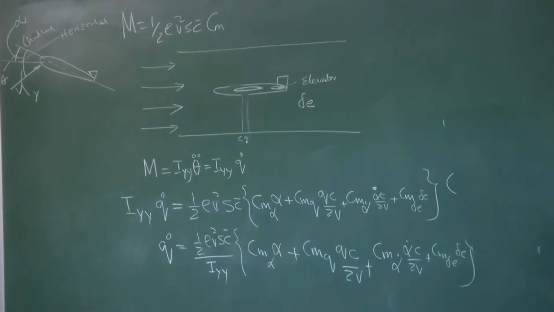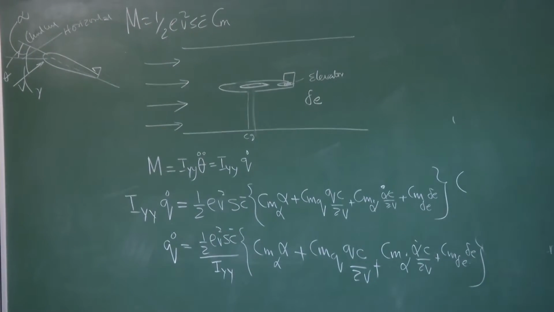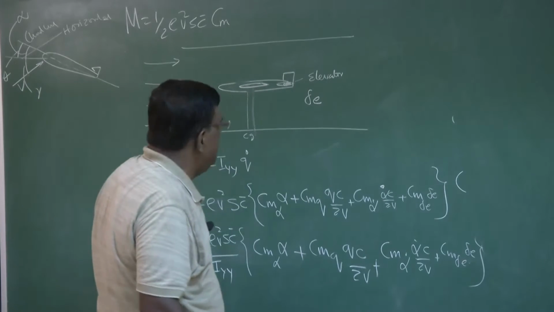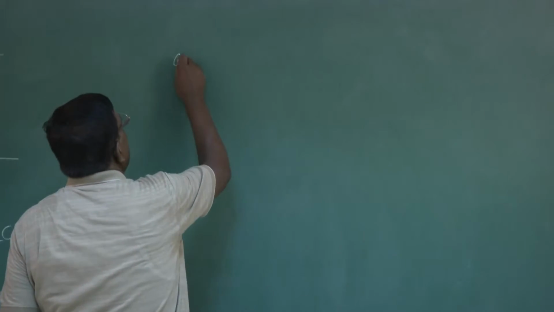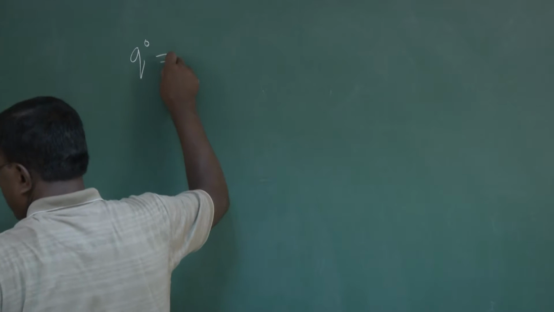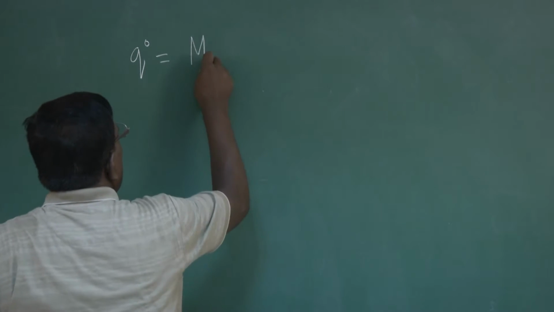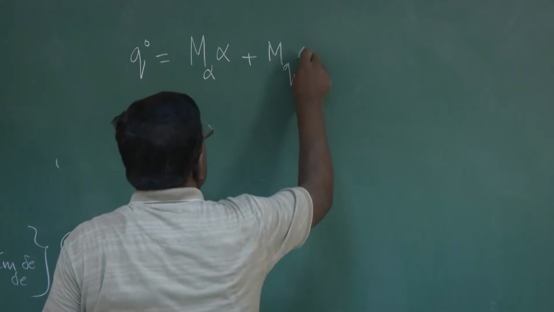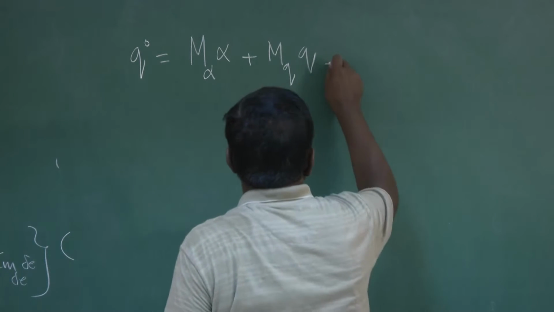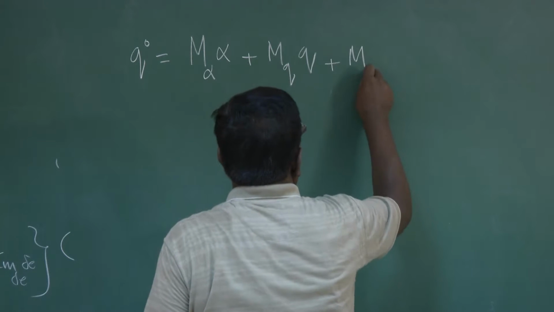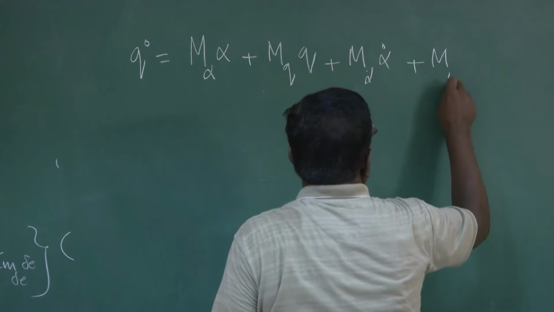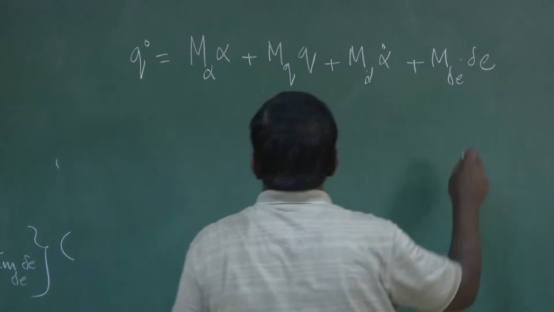Do not forget, we are developing the equation of motion, angular motion, and trying to see how best we can use whatever we have understood through the mass spring damper system. So I write q dot equal to M alpha into alpha plus Mq into q plus M alpha dot into alpha dot plus M delta E into delta E.